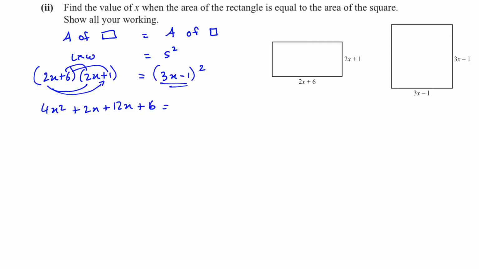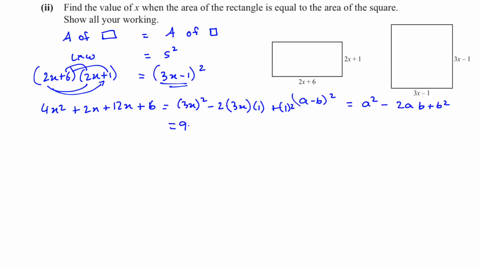To open this bracket, you can use the formula (a minus b) squared is equal to a squared minus 2ab plus b squared. a is 3x, so (3x) squared minus 2 multiplied by a, which is 3x, multiplied by 1, plus b squared, and b is 1, so 1 squared.